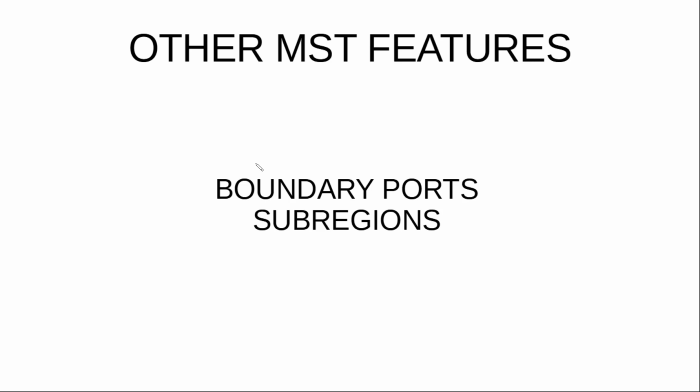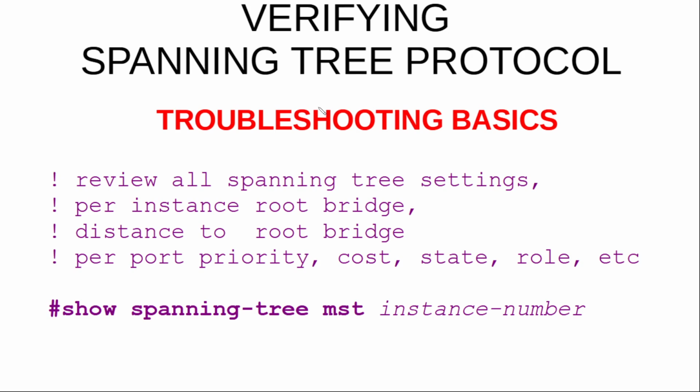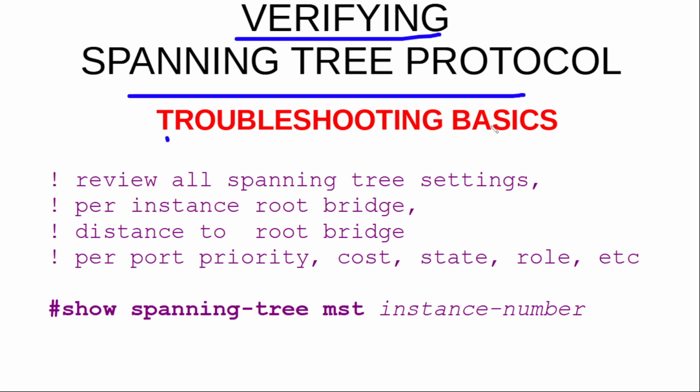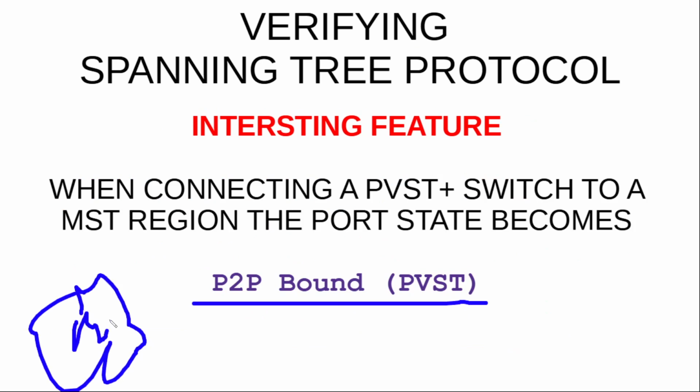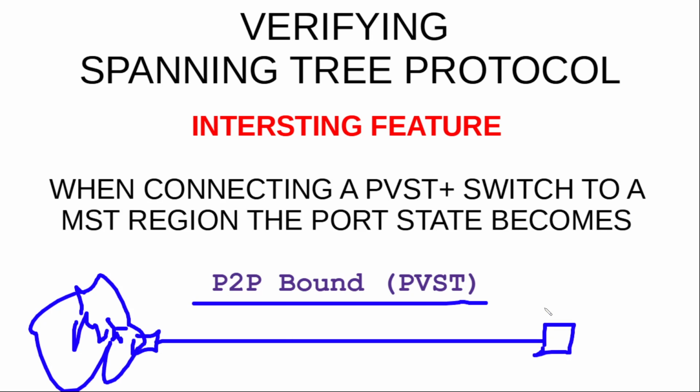So there are other features that we are not discussing here, for instance, boundary ports and subregions. Now, in order to troubleshoot or verify your multiple spanning tree protocol, you can use this command. In this case, you may see this if you are connecting your MST domain through a border switch connecting to a per VLAN spanning tree plus switch.